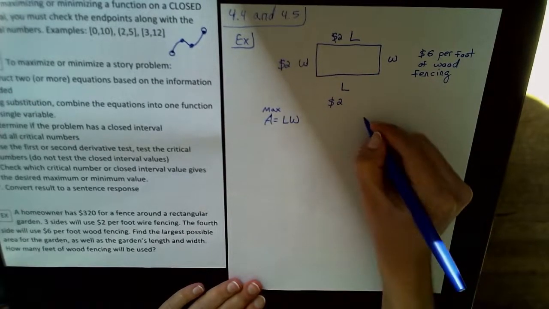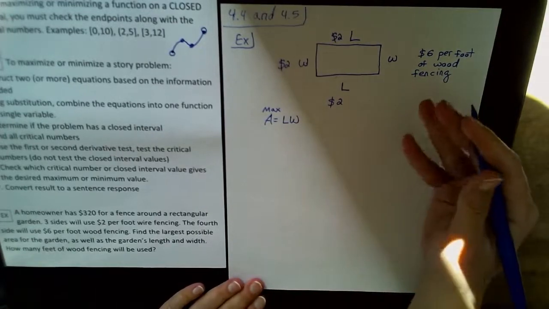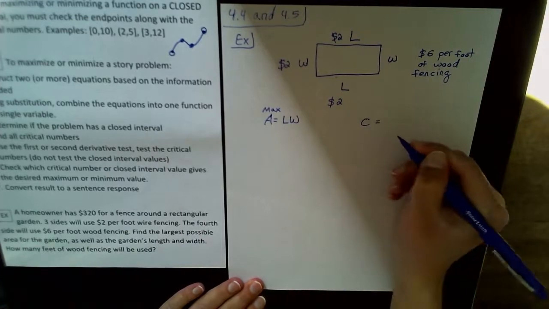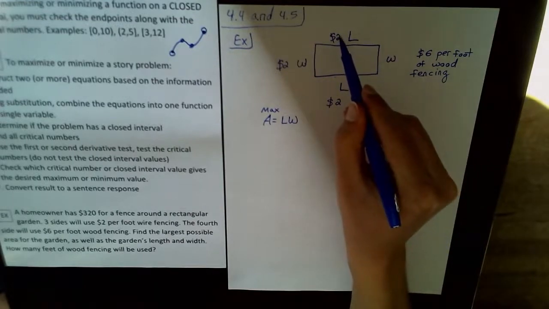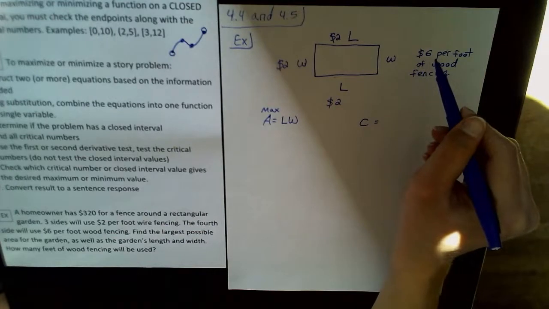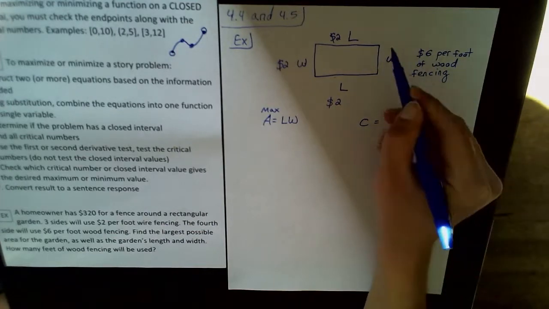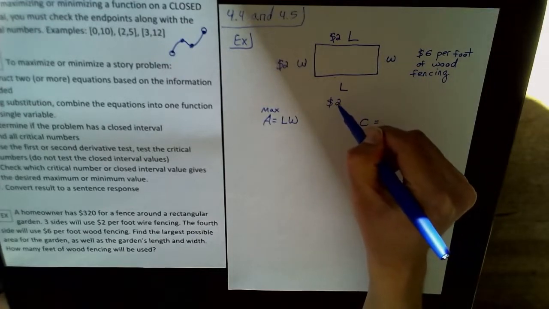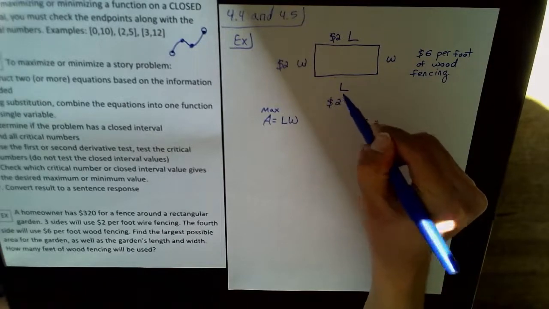From there, we have another function that we have to keep in mind, or another equation, and that's the cost. The cost is represented by these $2, $2, $2, and $6. But remember, these values are per foot. So to find the total cost of each side, we have to take that cost per foot and multiply it to the number of feet on each side.